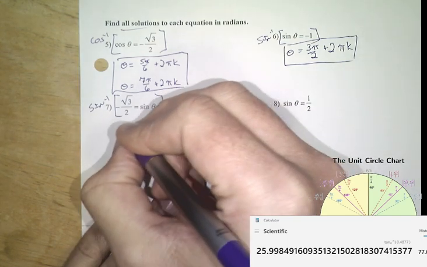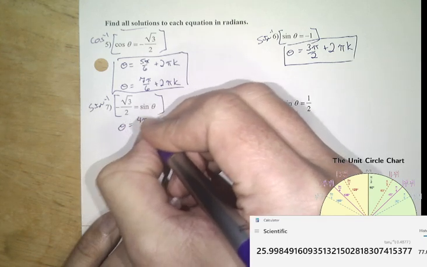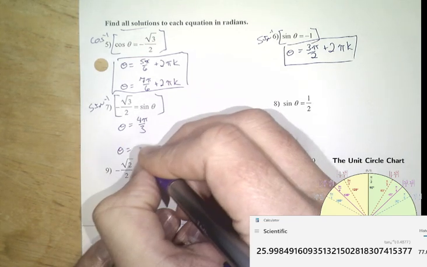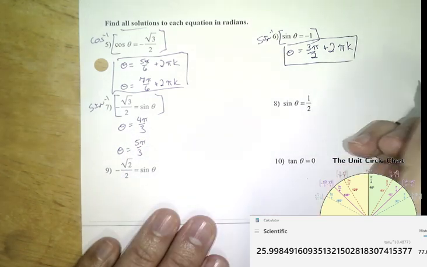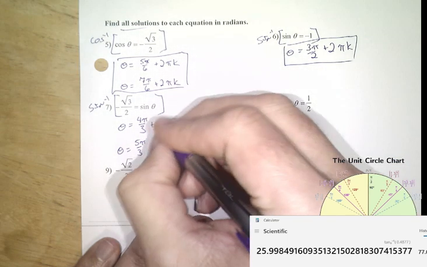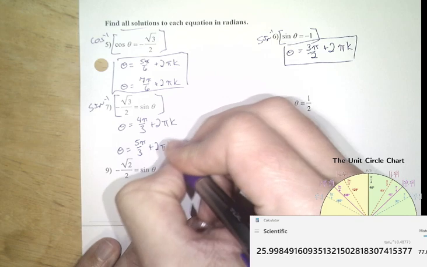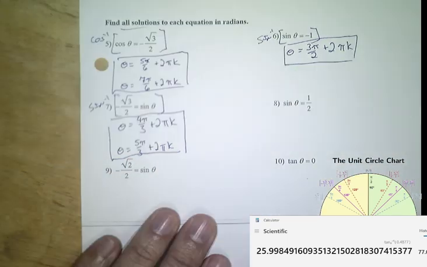So we want theta is equal to 4 pi over 3, that's our quadrant 3 solution, and our quadrant 4 solution is 5 pi over 3. Then we want to add 2 pi k to each of those.